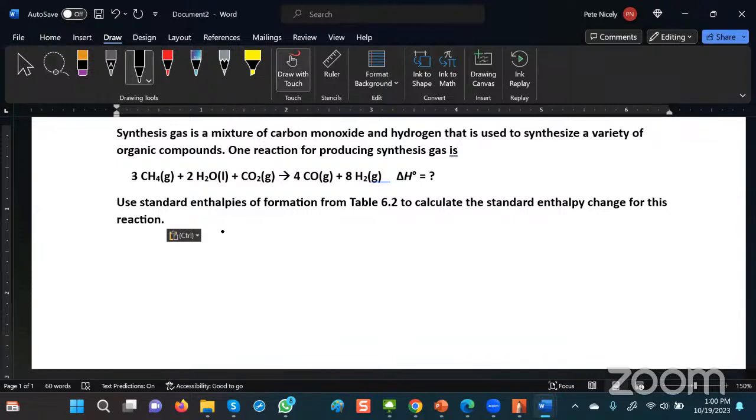So basically, as I said before, it is the sum of the standard enthalpy of the products minus the sum of the standard enthalpy of the reactants. So these are the products and these are the reactants, all right?